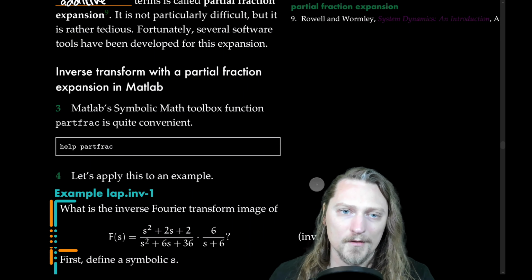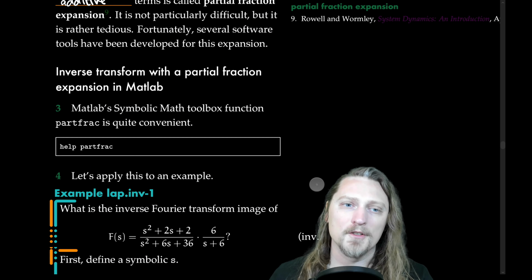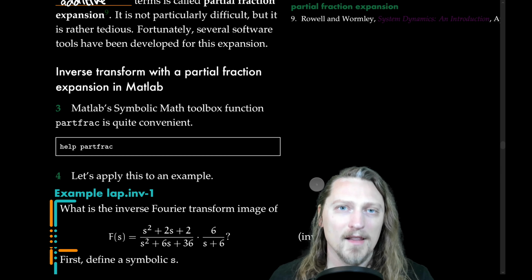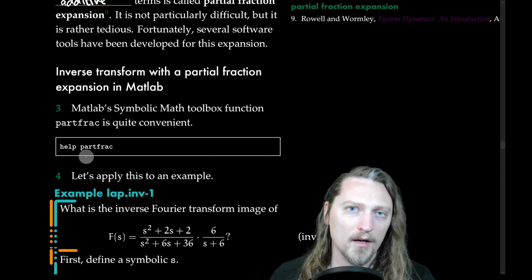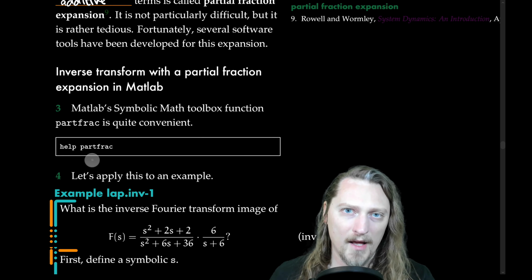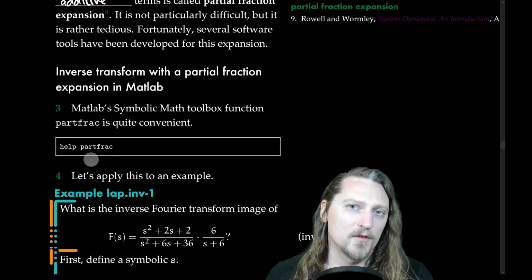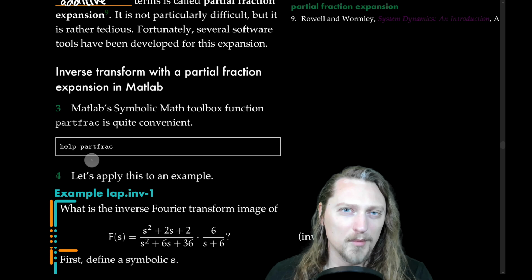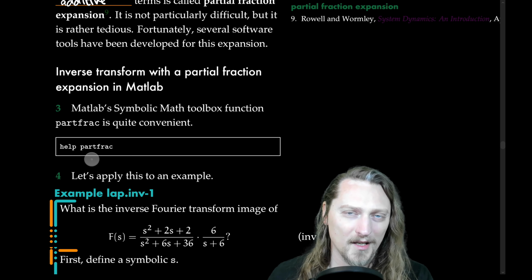The inverse transform with a partial fraction expansion in Matlab. Let's use the part_frac function to do this partial fraction expansion and then transform that into something that looks like one of our table identities, apply those table identities, and profit.